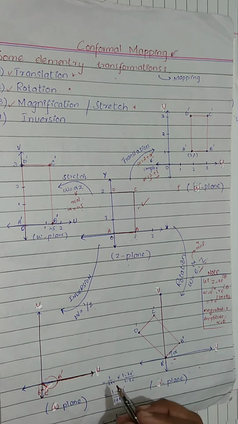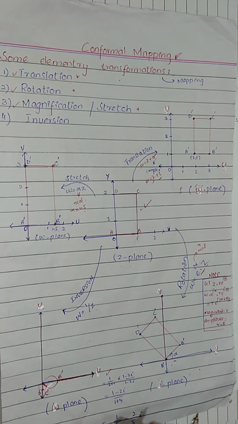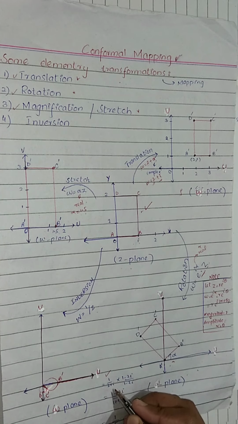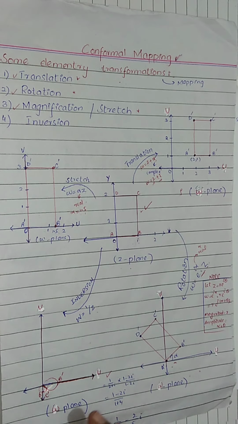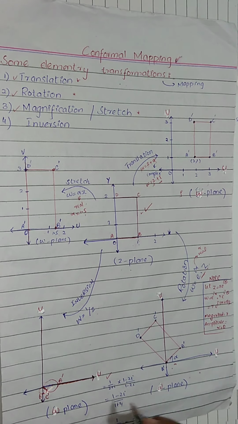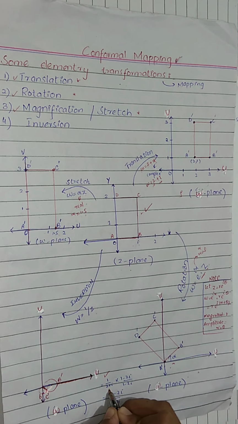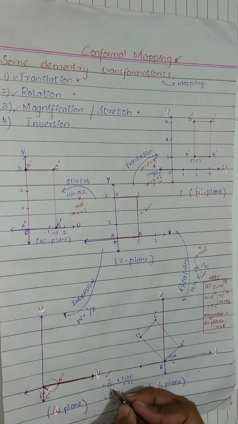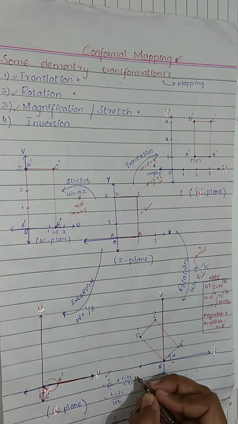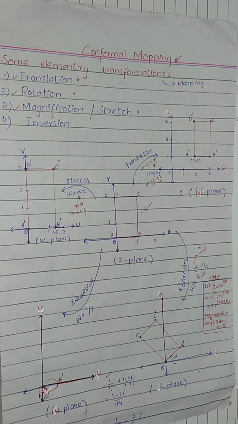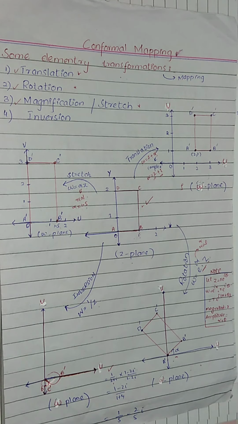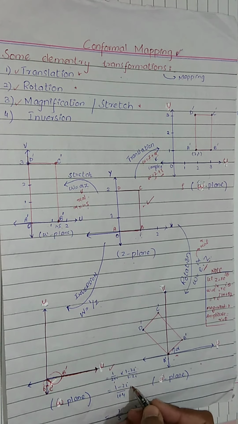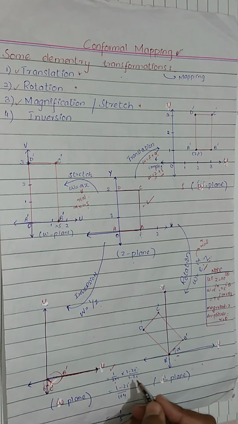Let's suppose we have 1 over Z equal to 2 plus iota. Then how can we find the complex number? If we have a complex number in the denominator, then we will rationalize it by changing the sign of iota, multiplying and dividing.